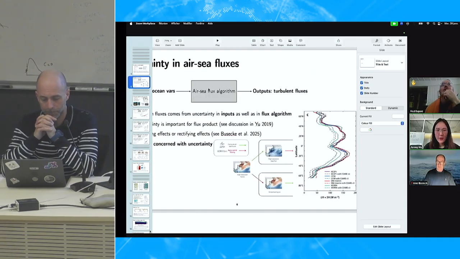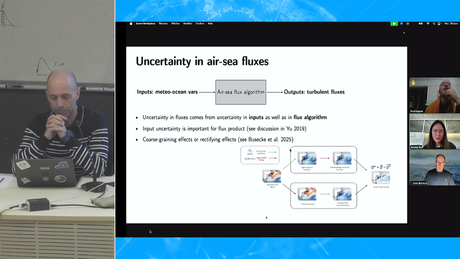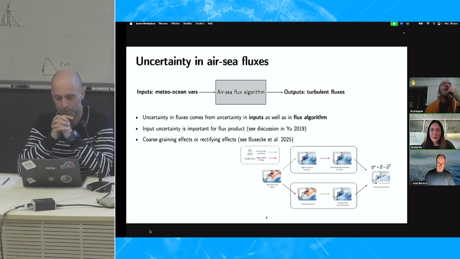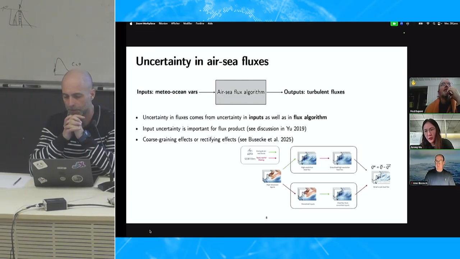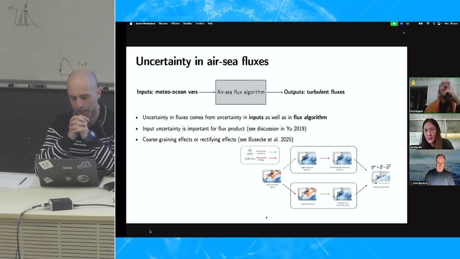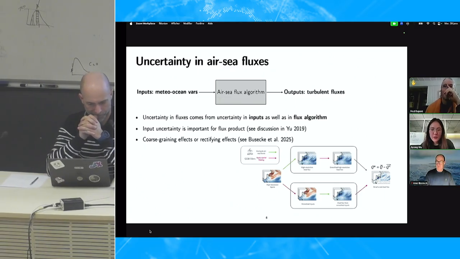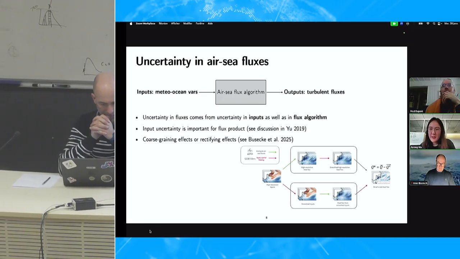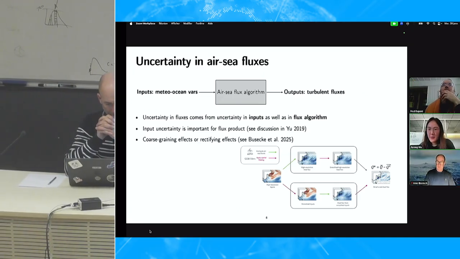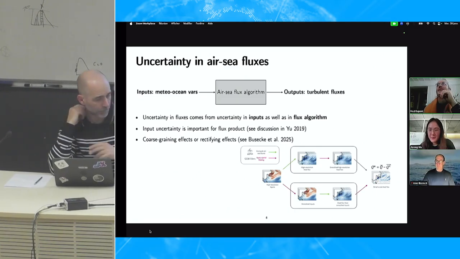You mean this work where you're referring to the rectifying effects from over-smoothed input fields? Yes. I think they're trying to learn a representation to correct this, and it's ongoing work. Okay. Thanks a lot.